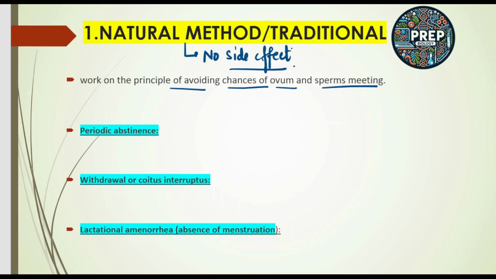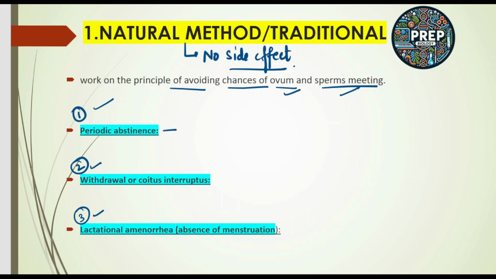In natural methods we have three important terms. First is periodic abstinence, second is withdrawal or coitus interruptus, and third is lactational amenorrhea. These three methods come under the natural method.